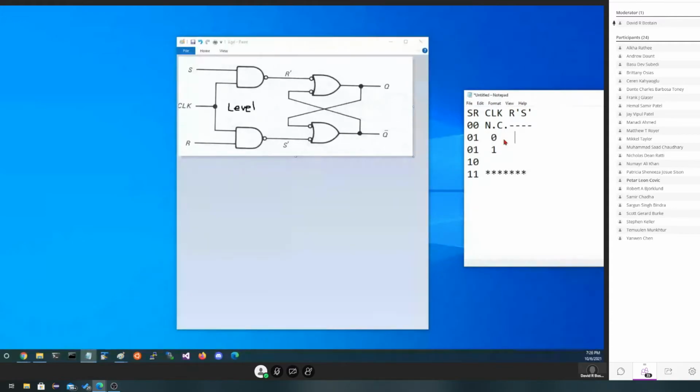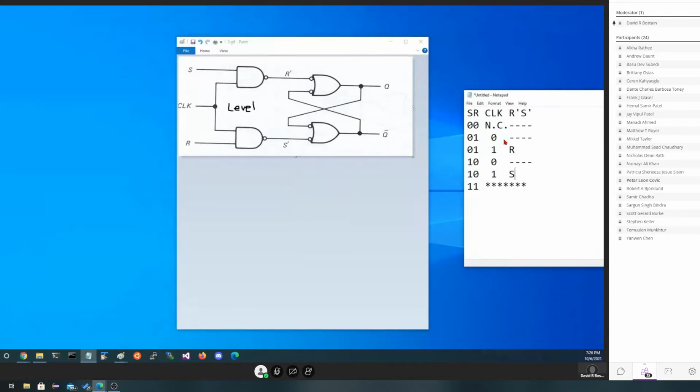If the clock is low, nothing happens. If the clock is high, reset makes it through. Now, in our case, reset is inverted because we're using NAND gates, but I'm just going to use a reset there, and we'll keep track of the sign of it in our head. The same thing happens in the case where we assert set. The clock will either be low or high. If it's low, nothing happens. If it's high, a logical set will occur.